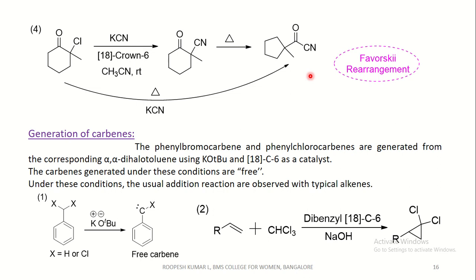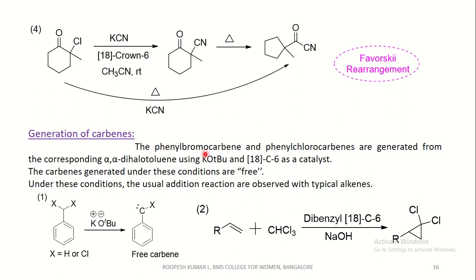Coming to the next one, generation of carbenes using crown ethers. We know that carbenes can be generated by the reaction of chloroform and alkali, that is NaOH, in the presence of a phase transfer catalyst, which I have taught you in the previous classes. Whereas even carbenes can be generated using crown ethers also.